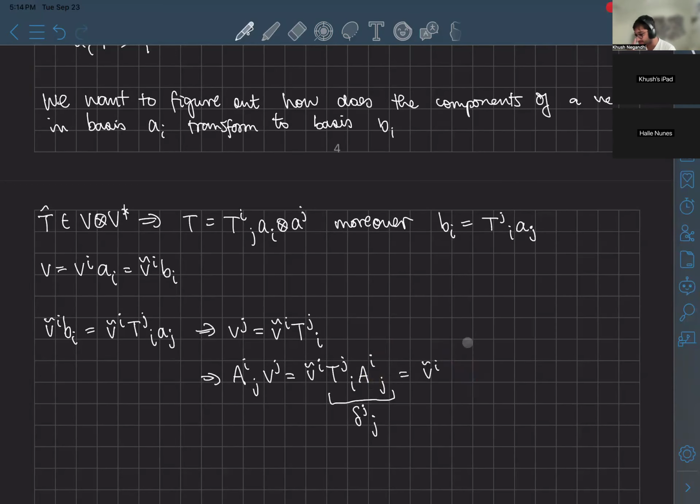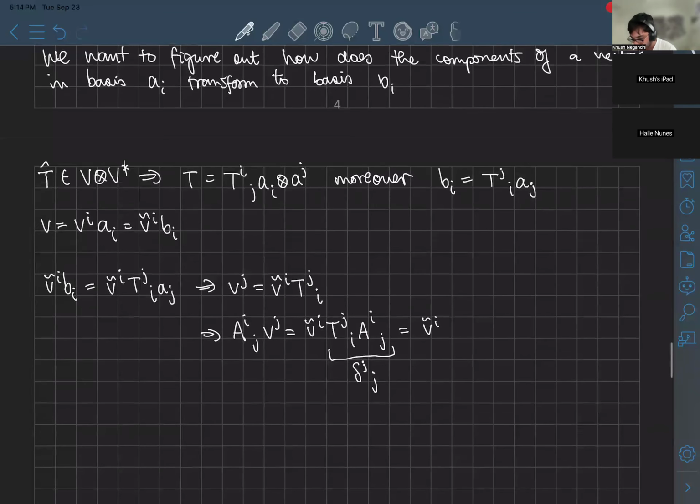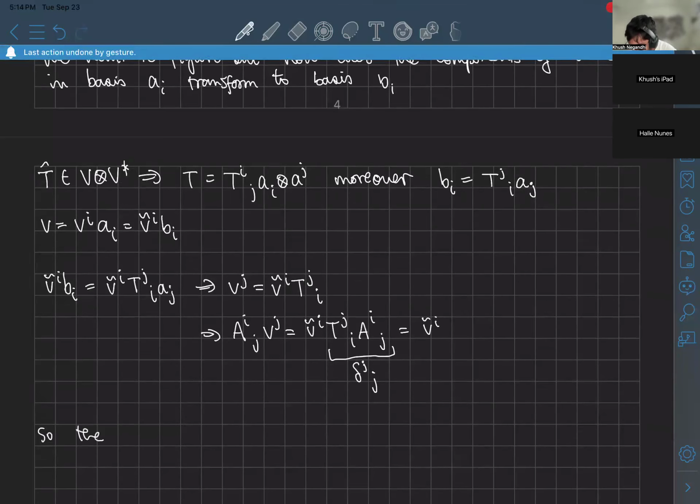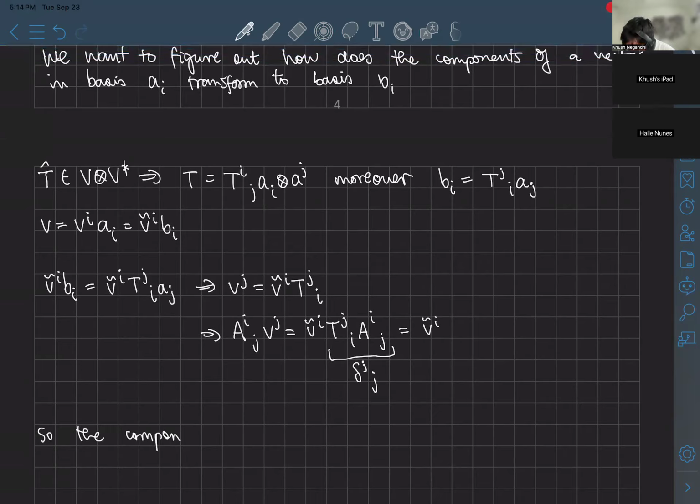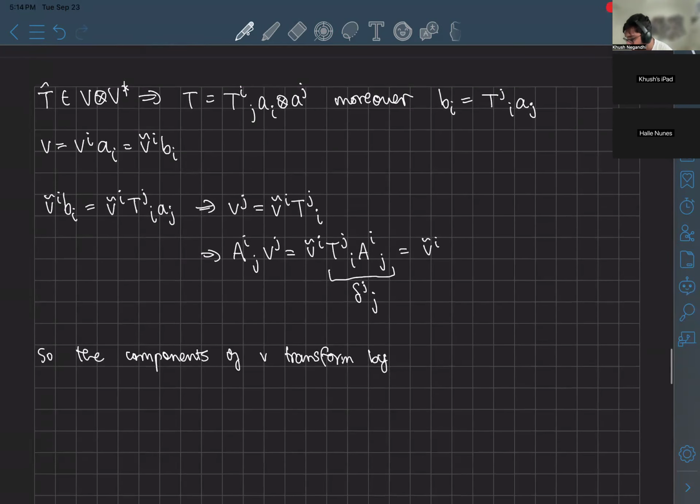So what I'm left with is that the components of V transform by the inverse matrix.